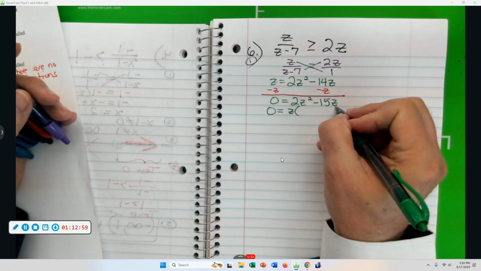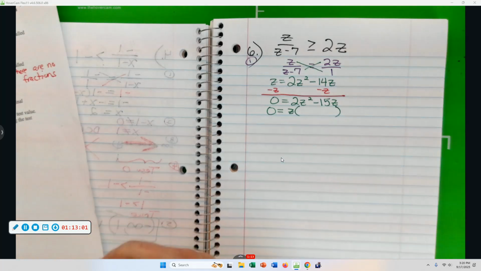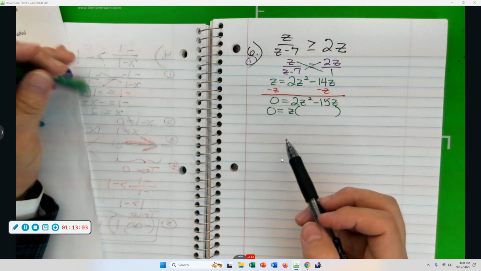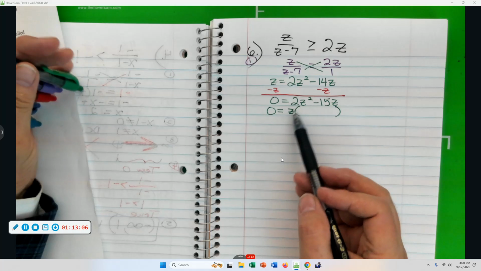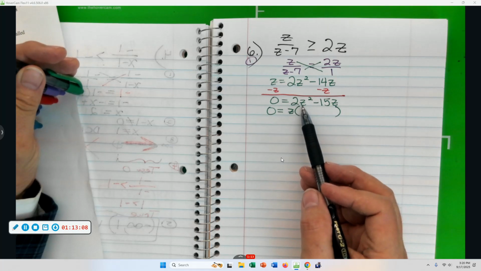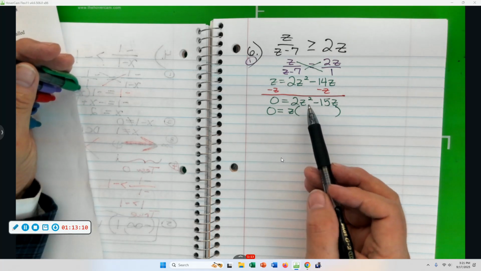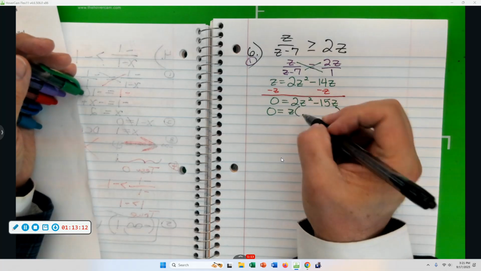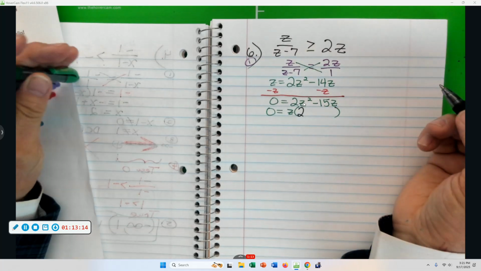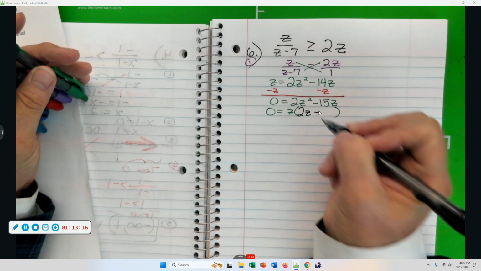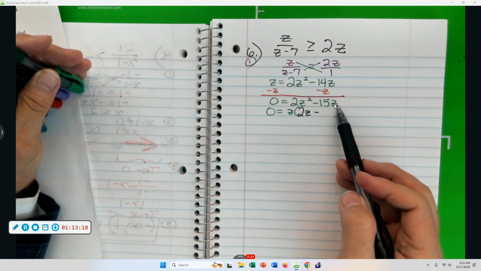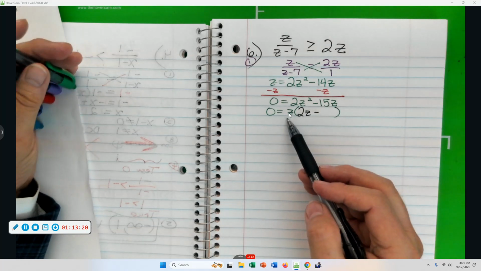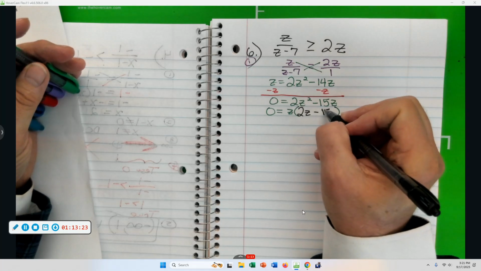This is called factoring out a variable factor. You had 2 z's in the first term and took out one of them, so you still have the number 2 and a z, minus 15. You took out the z from the second term, so you just have a 15.